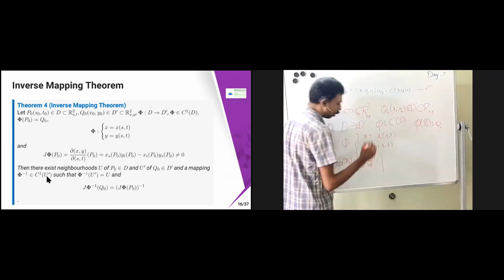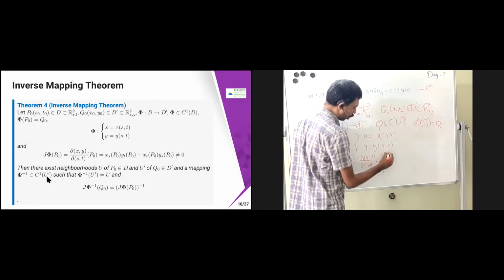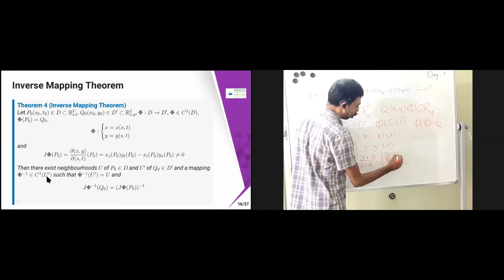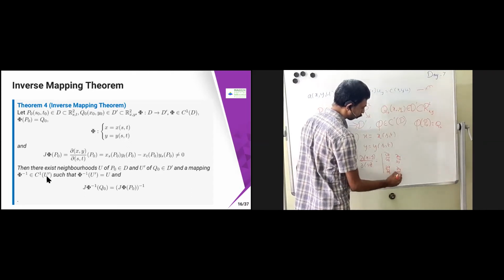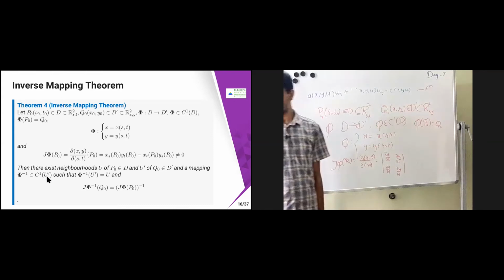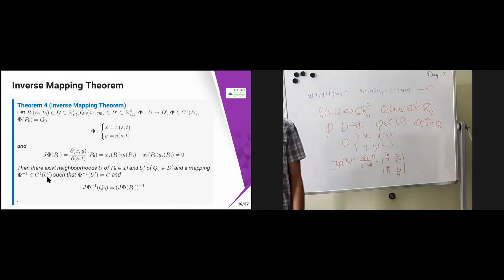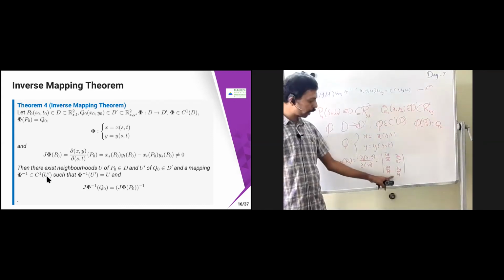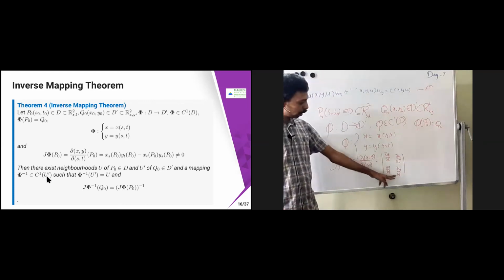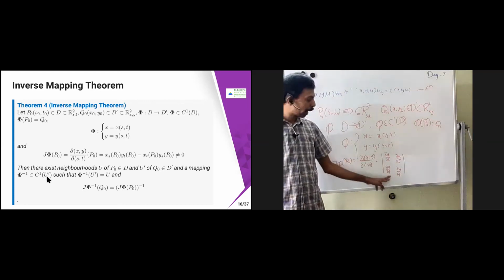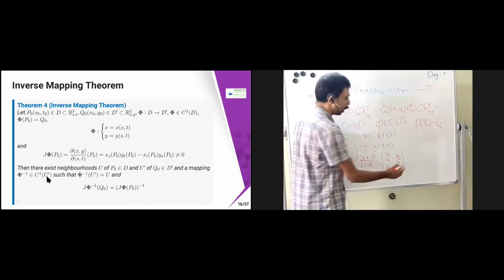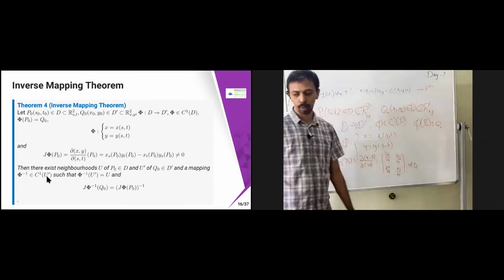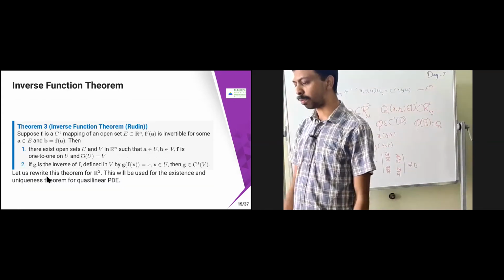That is the determinant with entries dou x by dou s, dou y by dou s, dou x by dou t, dou y by dou t. So it is dou x by dou s into dou y by dou t at P naught, minus dou x by dou t into dou y by dou s at P naught. I am assuming this Jacobian is not equal to 0. These are all the assumptions we are making.